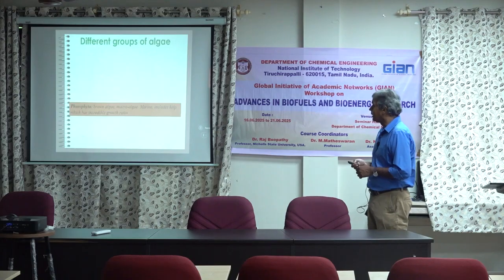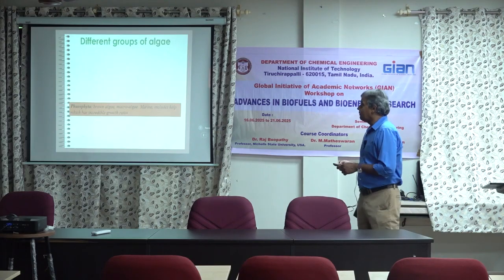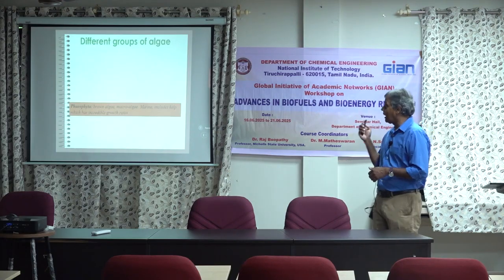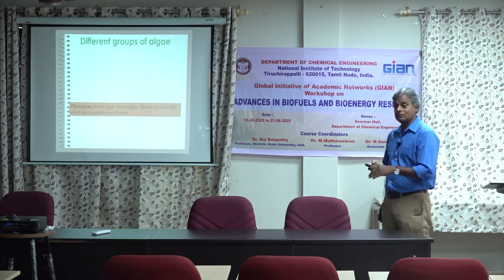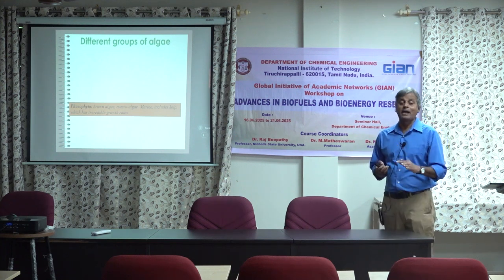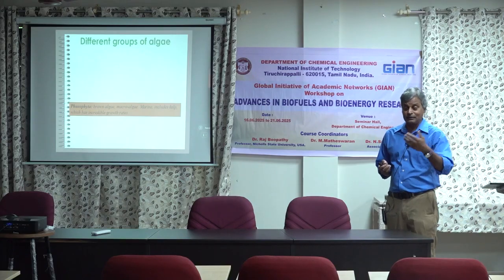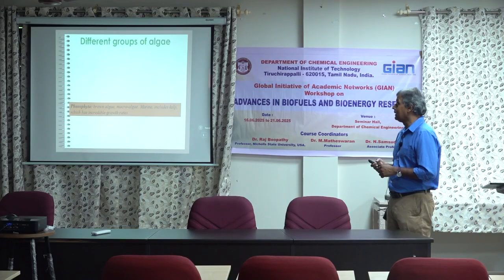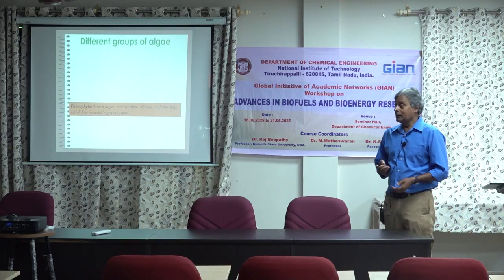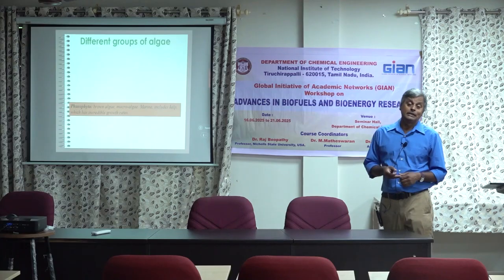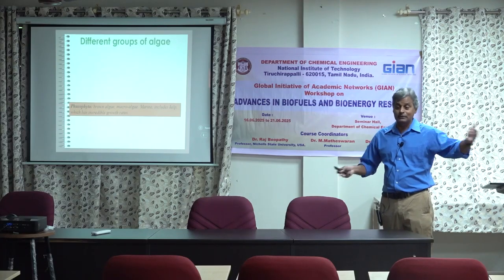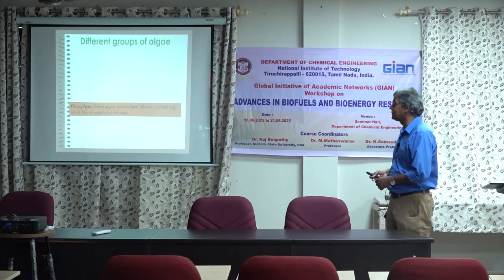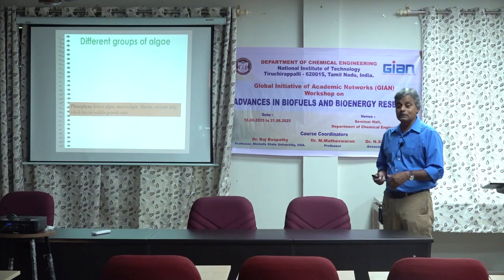Okay. Then we have Phaeophyta, which is the brown algae, and the color is brown because of the brown pigment. It's not a microalgae, it's a macroalgae, really big in size; you can see it with your naked eye without a microscope. It's marine in nature. This includes the seaweed, or what we call kelp. It grows meters and meters in length in the marine system, with an incredible growth rate.